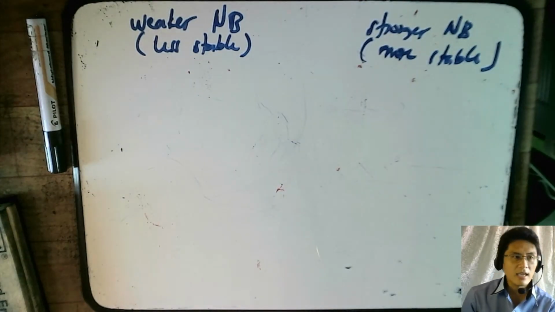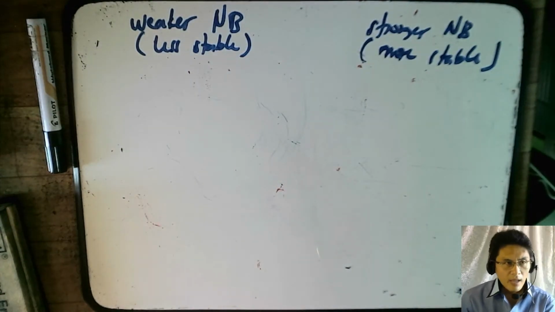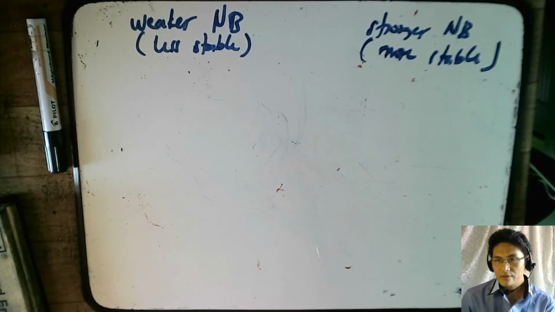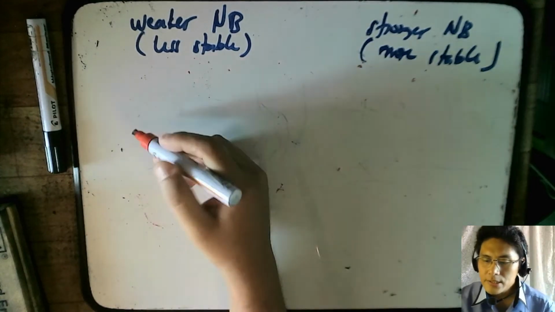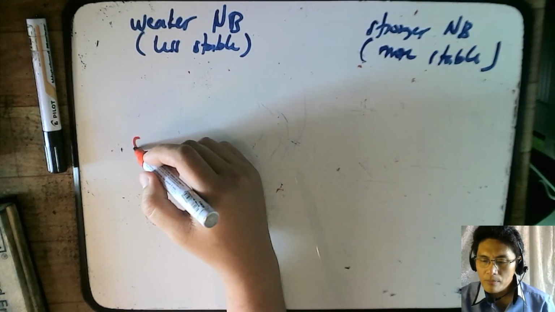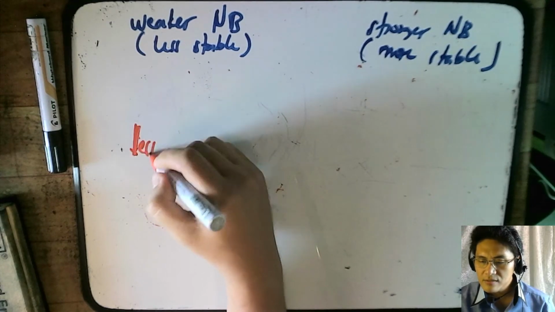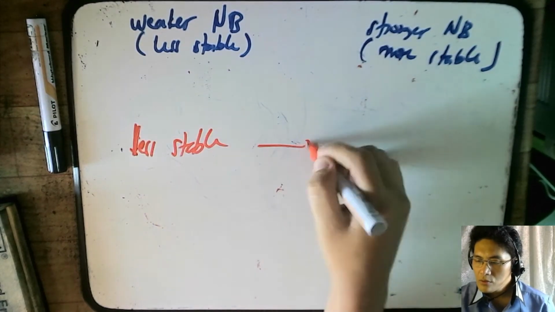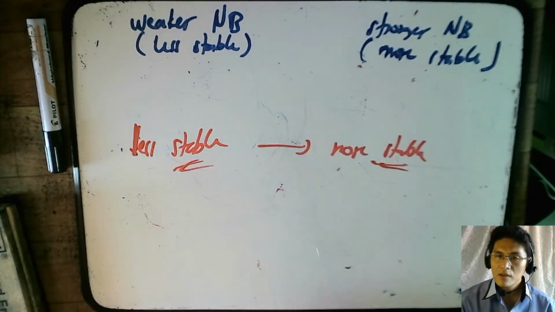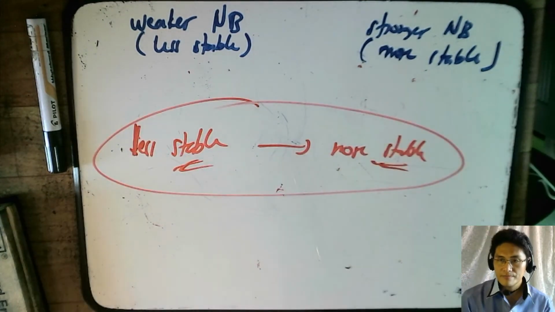So, let's reroute back and talk about stability of things. Okay? In nature, things always want to go from less stable states to more stable states. That's always a rule of nature.